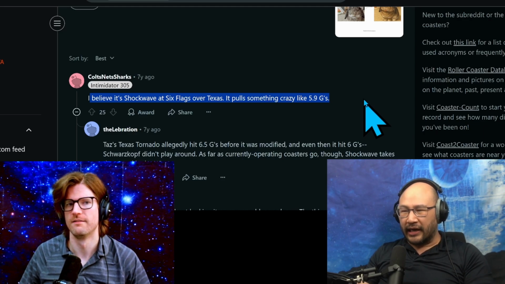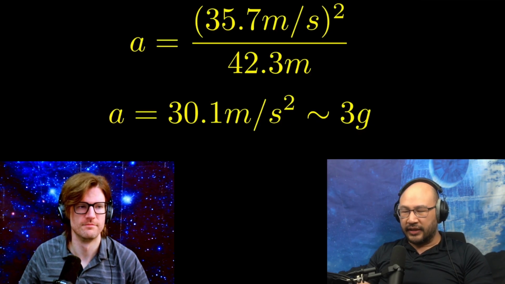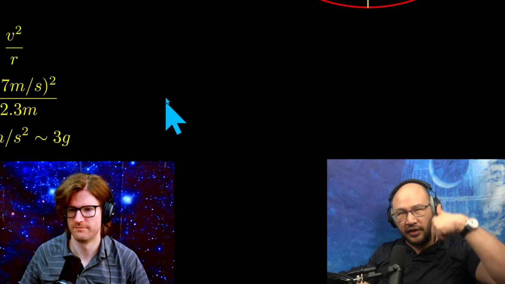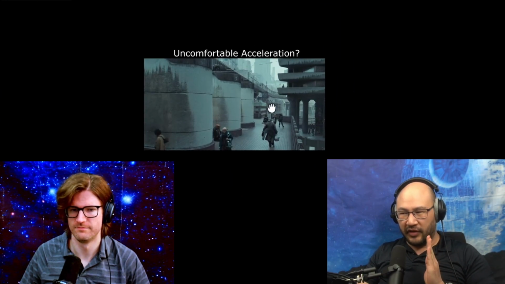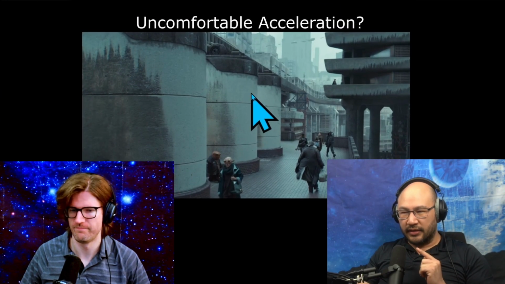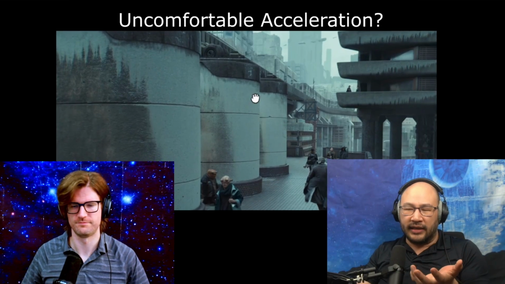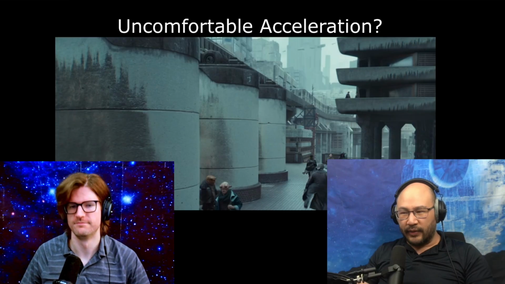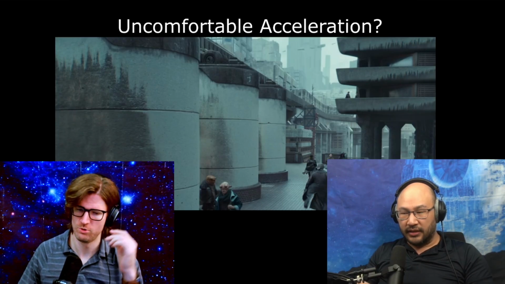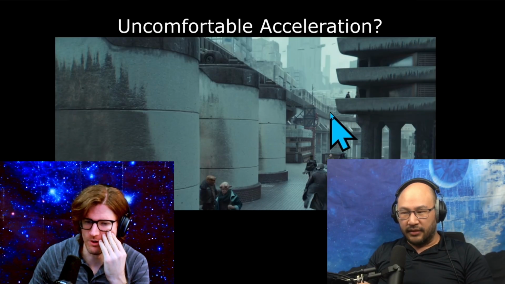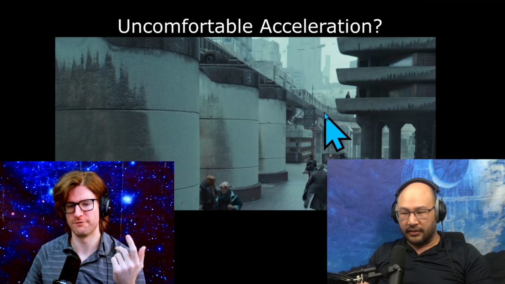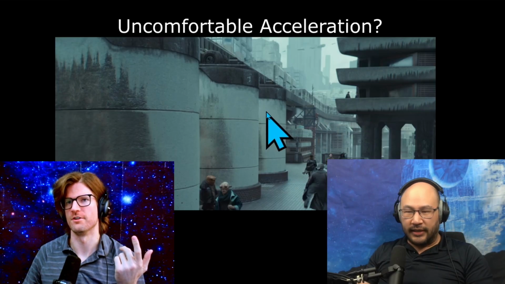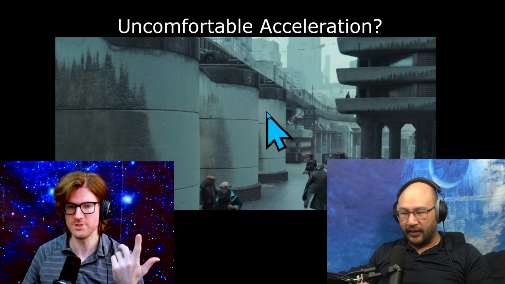I think the caveat though is that 6Gs in line with your body, lined up and down, feels pretty okay, because it's a lot of force, but your body is designed to handle G forces that are up and down. Sideways is a different story. So going around this turn, you're going to feel flung to the outside of the turn by 3Gs.